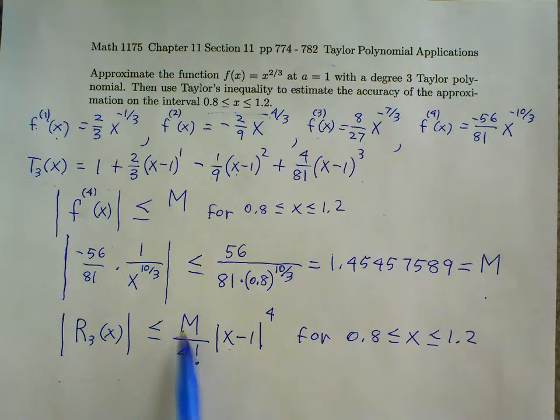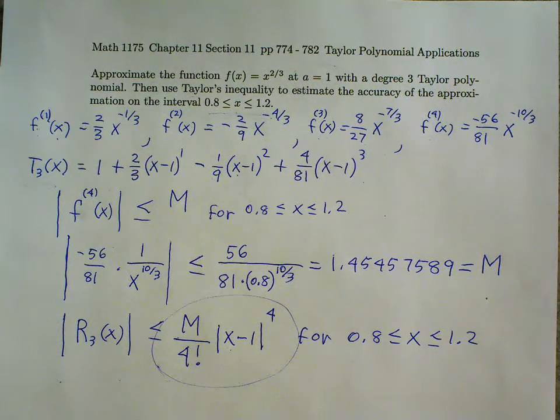Okay, we know what m is, but we want to pick the x value that will make this as large as possible. So now which value of x from that interval should I pick?